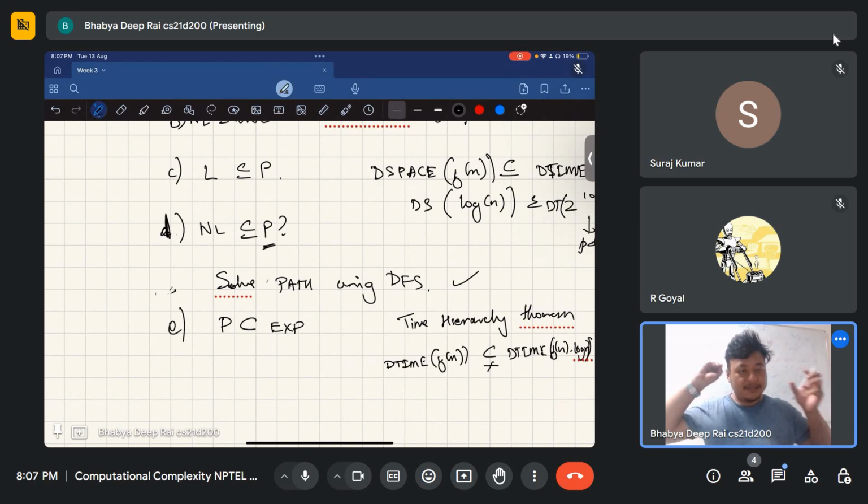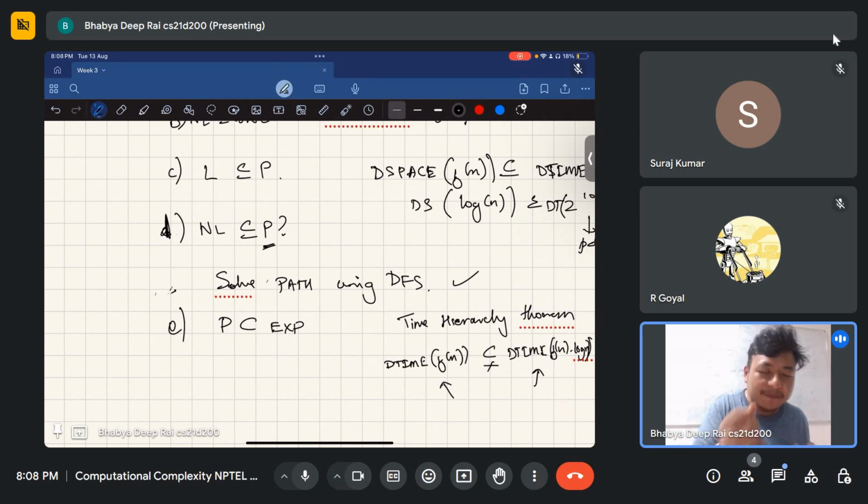As long as your complexity class is some log n factor away, it is strictly contained. So there are languages here which are not here. If you give me some more time, then I will definitely be able to compute some more problems. That is the beauty of the time hierarchy theorem.